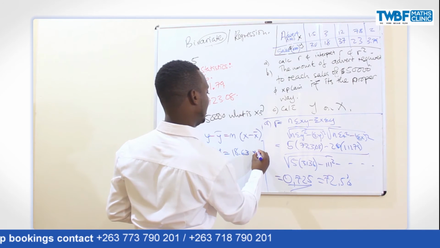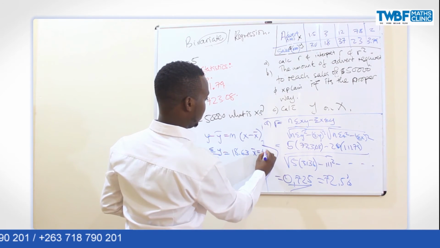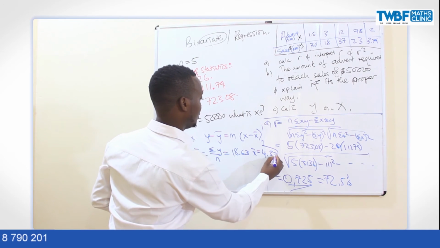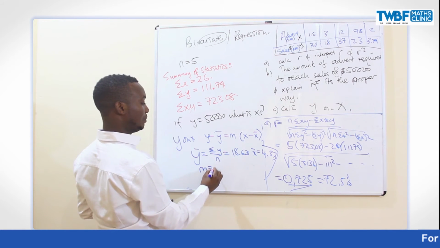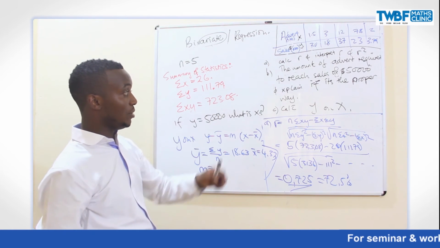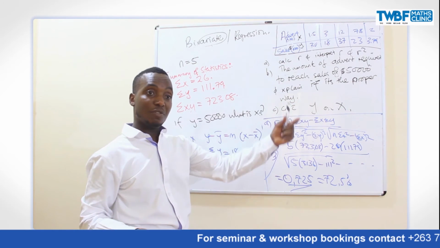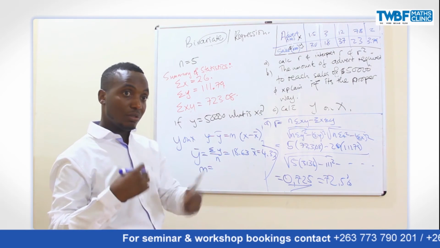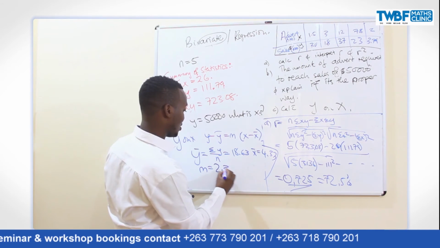X bar is 4.33. What about M? You just use that formula, but it's there on your calculator. You substitute everything, so that you train yourself how to do it.